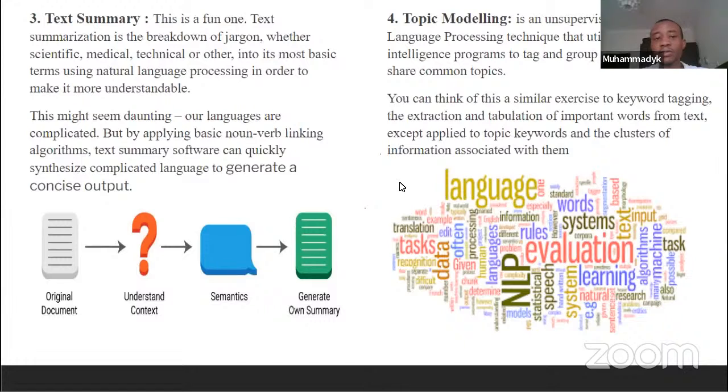It consists of so many jargons, so many scientific and technical terms that you might not understand. So using the text summary technique, the machine will be able to dissect all of this for you and summarize them in a very concise manner so that it will be more meaningful to the person working with that data.